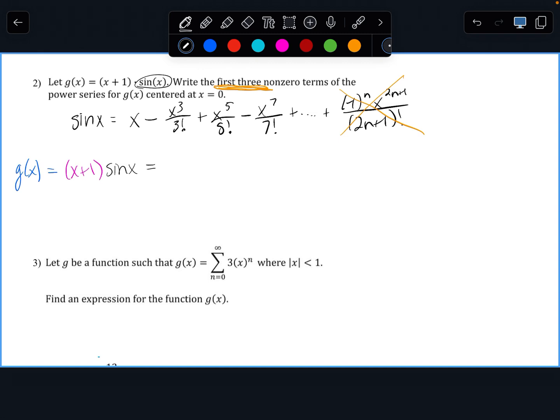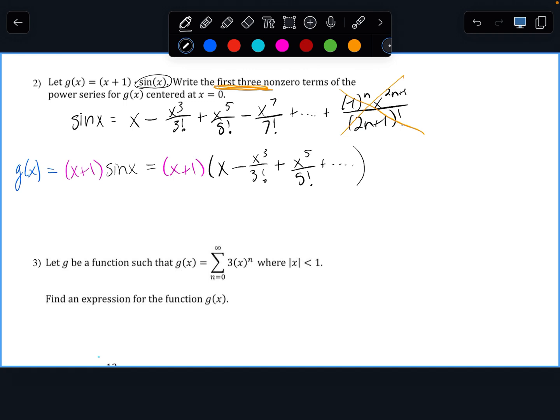So it's basically doing x plus 1 times this series that goes on forever, which might make you want to cry. Plus dot dot dot, I don't need the 7. I'll show you why in a second. So I'm going to have to distribute the x, and then you're going to have to distribute the 1. And it's going to be like, what is happening to my life?